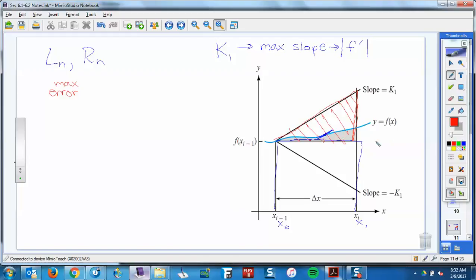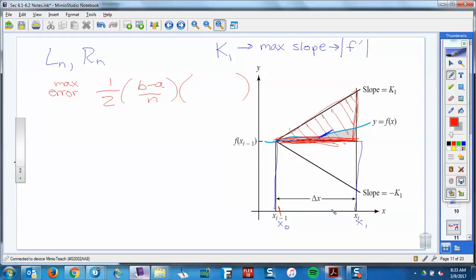Okay, so what would be the area of that triangle? Well, it would be 1/2 the base times the height. So what is the base of that triangle? It's right here. That's the width. Well, what's our formula for width? B minus A over n.